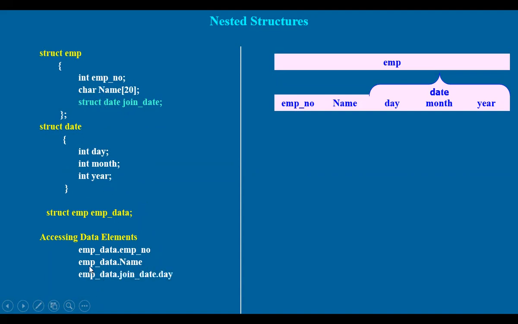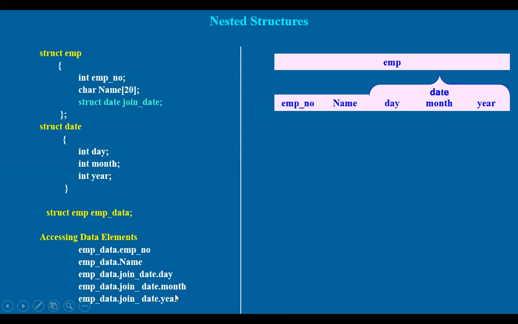This EMP data has another variable named join date. Inside this EMP data, we have to access this join date variable, and then dot, because inside this structure we have another field. The actual field comes here for this particular structure, so the day is mentioned here. Next, the outer structure variable EMP data, inside it the variable join date dot month.